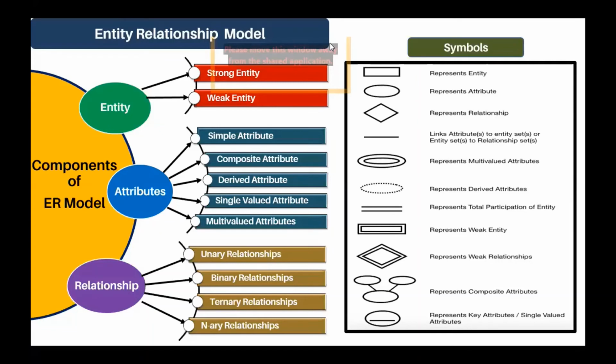Next definition is cardinality in relationships. Whenever a relationship relates two or more entities, a cardinality always exists in the relationship. Four types of cardinalities are present: one to one, one to many, many to one, and many to many.